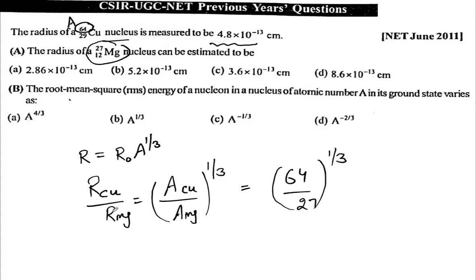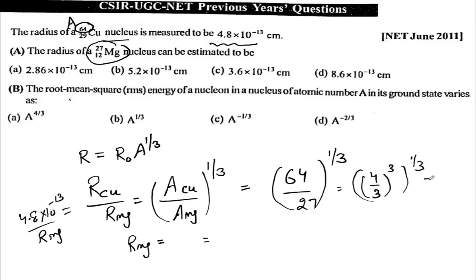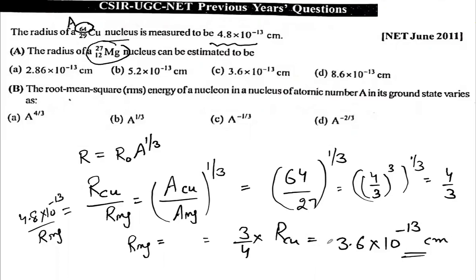So 64 is the cube of 4, and 27 is the cube of 3, so this becomes 4/3 to the power 1/3 cubed, they get cancelled, and this is equal to 4/3. So the radius of magnesium comes out to be 3/4 times the radius of copper, and by putting in these values it comes out to be 3.6 × 10^-13 centimeter. You can see that option C is the correct option.